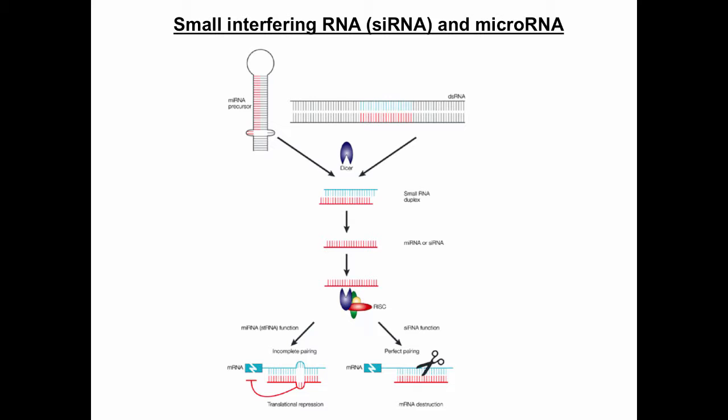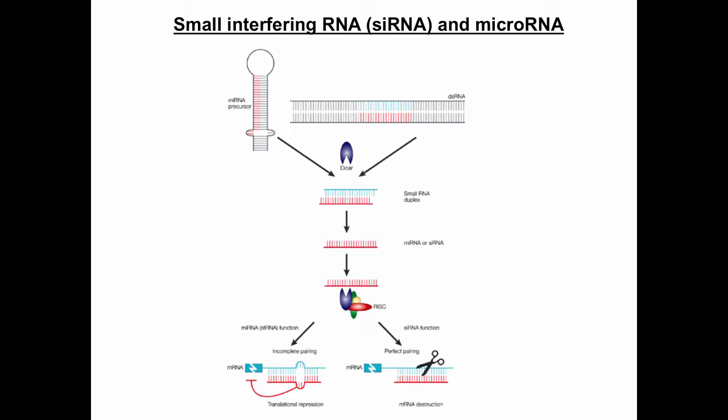One of the strands of that siRNA or microRNA can then bind to an mRNA by complementary base pairing, and a complex called the RISC complex will bind to the siRNA that's hybridized to the mRNA and essentially cut the mRNA into little pieces.